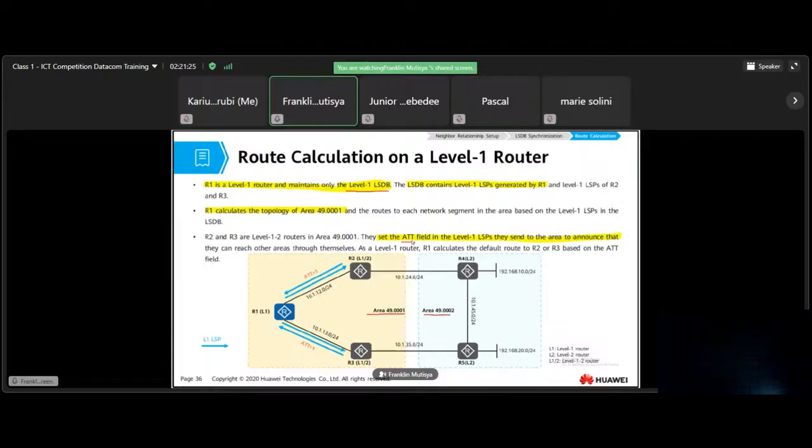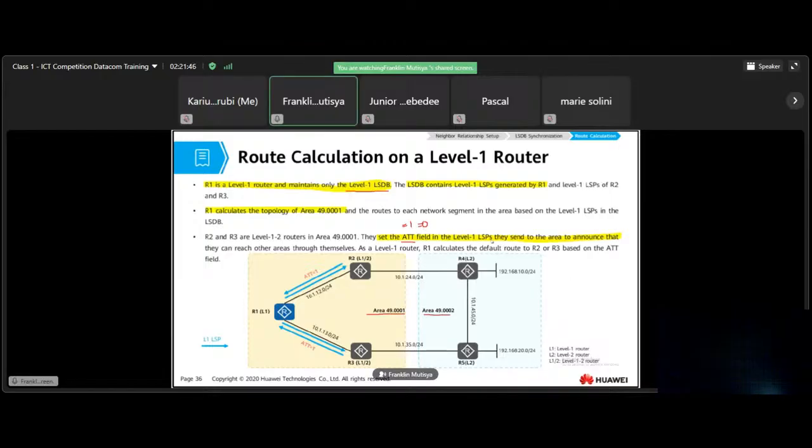The attached field means that we are pointing to where traffic needs to be sent, or where traffic is destined. So we update the field. We usually set it as either a 1 or a 0. We're going to discuss that in detail when we do the certification training.